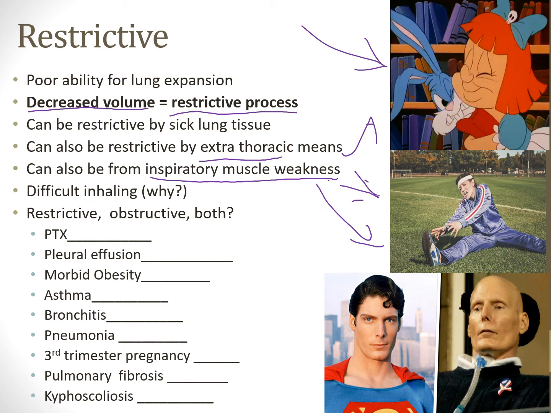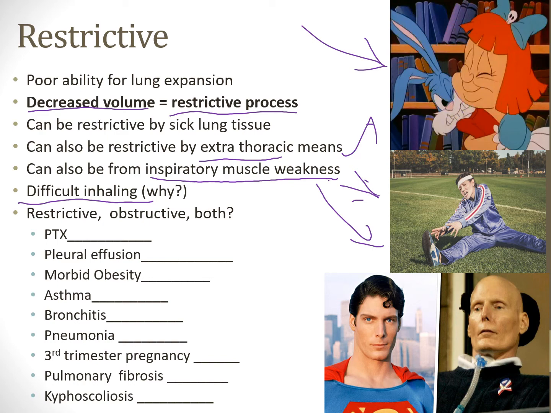A lot of times these patients are going to have difficulty inhaling. Well, why? Because that's where you're trying to expand the tissue. Well, there's something blocking the tissue from expanding, right? And so that's going to make it very difficult for it to expand.